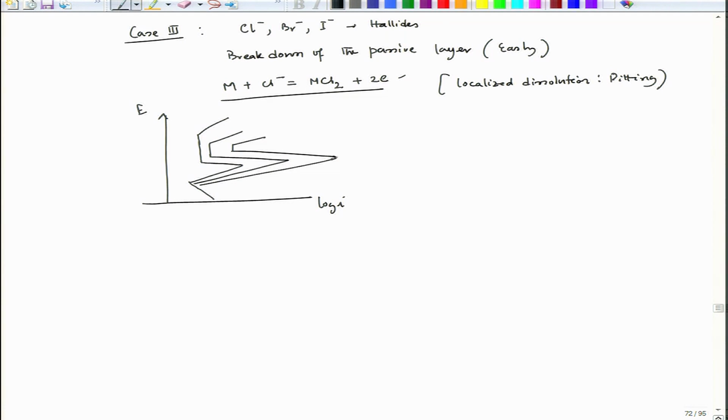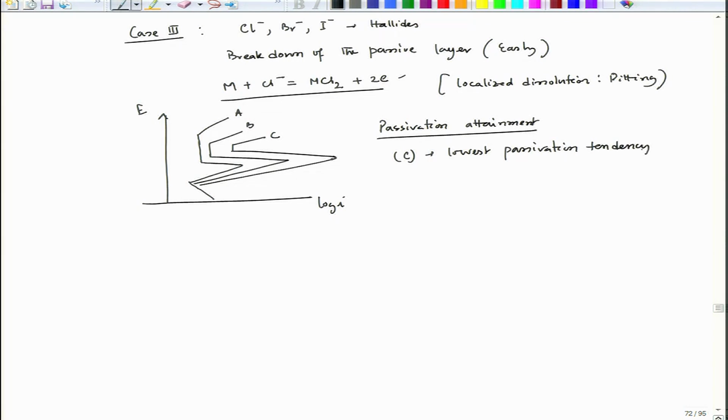Now, if I compare these three cases, this is A, B, C, I can say that for passivation attainment, C has got the lowest passivation tendency.